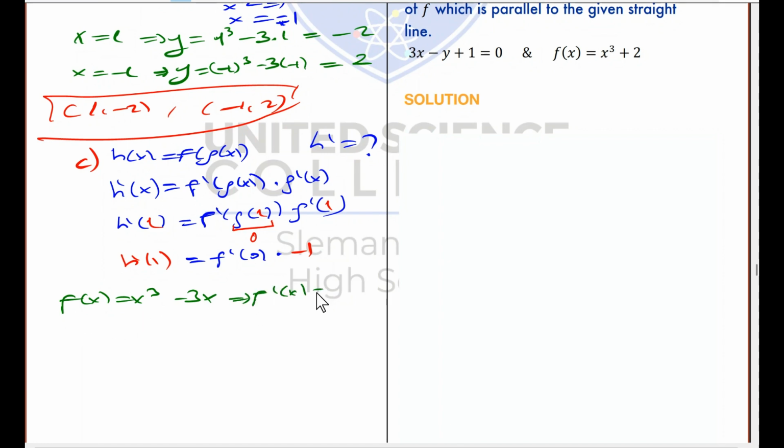F prime of x is 3x squared minus 3. So I'm supposed to find the derivative of f at 0. So switch your x's with 0. It's going to be 3 times 0 squared minus 3, which is -3. So now I have f prime of 0, which is negative 3. So negative 3 times negative 1 is 3. That's the answer.